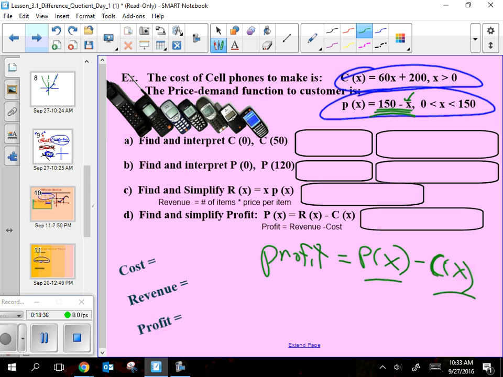But I'm just saying, in the real world, you don't pick your price and then make it go down another buck every time you sell another one. That wouldn't make much sense. Now, I will say you can sell things cheaper when you sell them in scale, but again, you wouldn't want to make a function so that as soon as you make 150 phones, your price is how much? 0. Not smart.